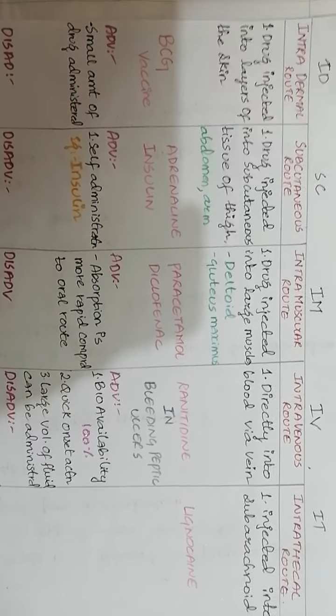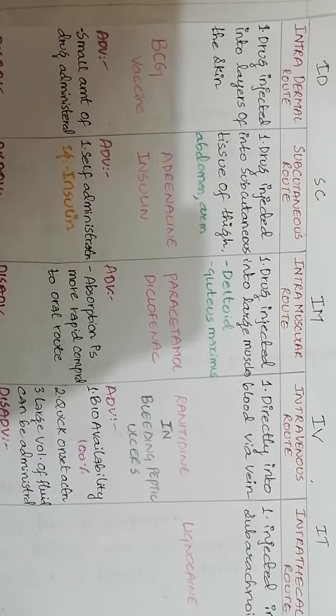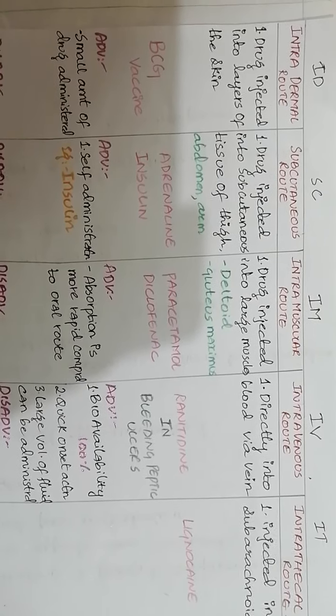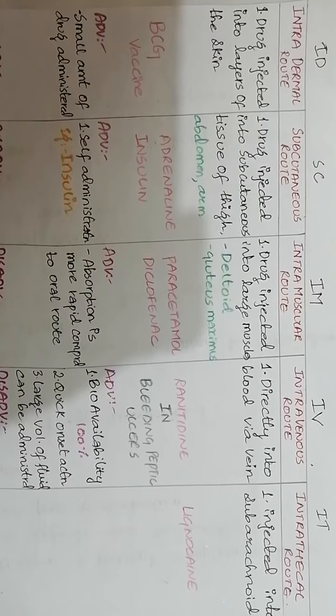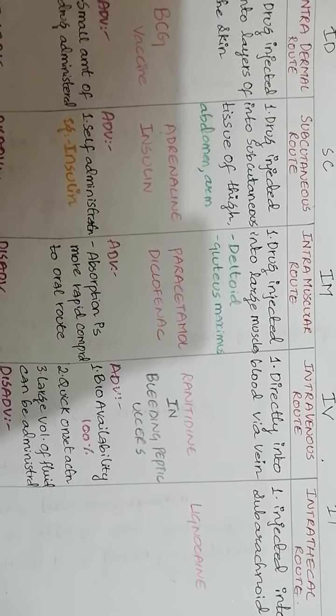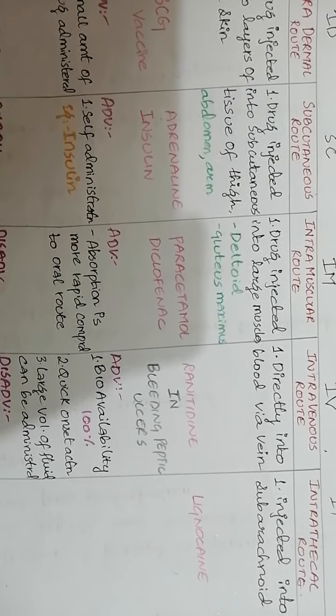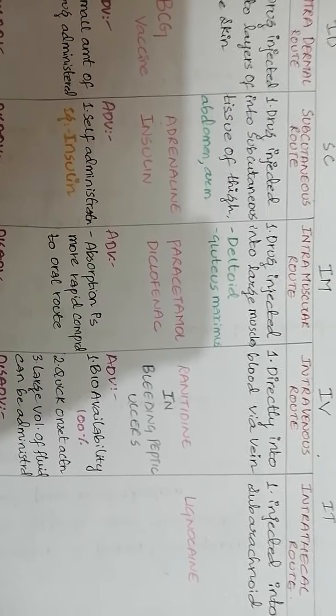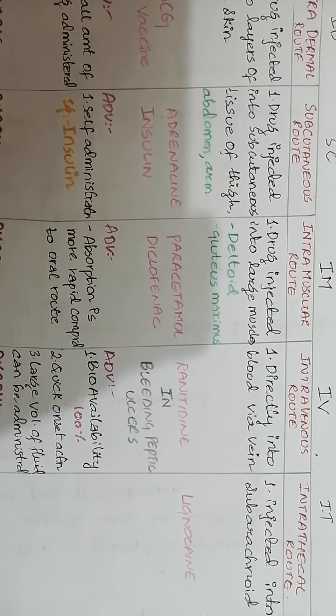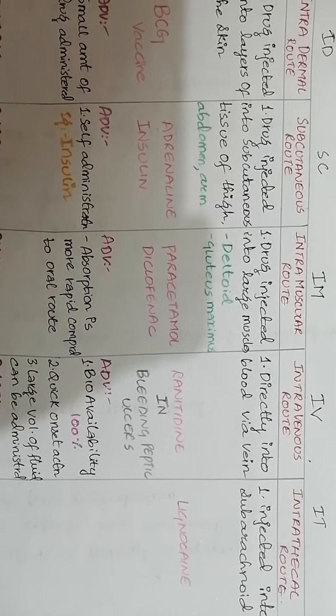Here I am repeating. Intradermal into the layers of the skin, subcutaneous into the subcutaneous tissues of thighs, abdomen, and arms, intramuscular into the large muscles, intravenous into the vein, intrathecal into the spinal cord.